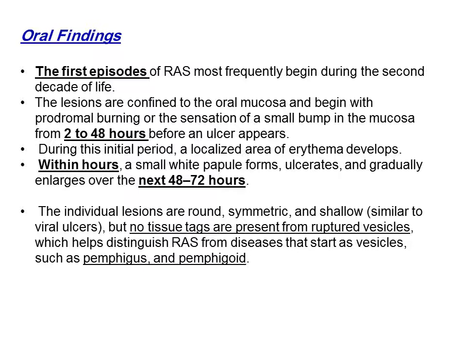So, how can we describe the aphthous ulcer? It is a round, symmetrical, shallow ulcer, with no tissue tags at the border of the ulcer, which differentiates this type of ulcer from the viral ulcer, because in viral ulcer there is always a vesicle that ruptures and then develops an ulcer.